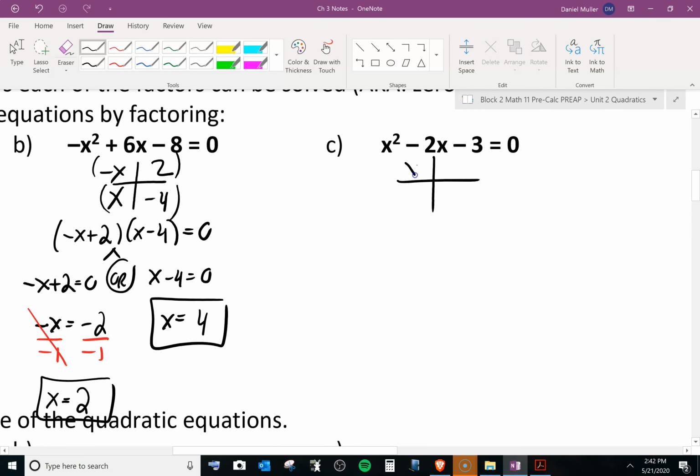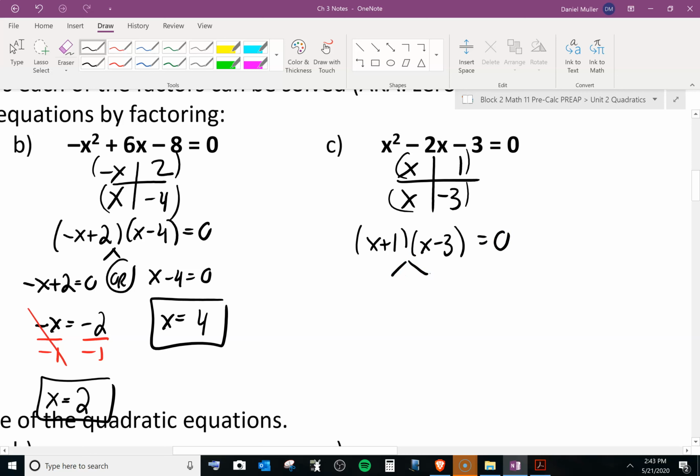Lastly, x and x get me the left side, which is x squared. I need to get to 3. So 3 times 1 is 3, but one of them needs to be negative. This diagonal is a negative 3x. This diagonal is a 1x. If you add them, you get negative 2x, which is what I have. So I've got an x plus 1 and an x minus 3 equals 0.